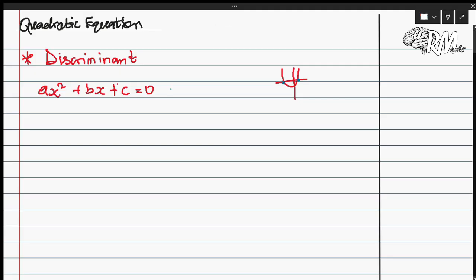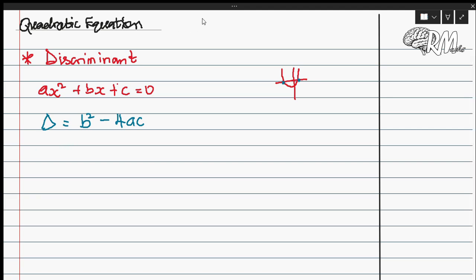Now there's a formula for finding the discriminant of roots. We have it as delta equals b squared minus 4ac. Now this is the formula for solving any discriminant questions, but this discriminant has 4 features or conditions.